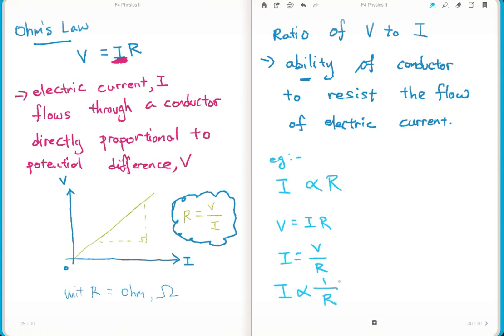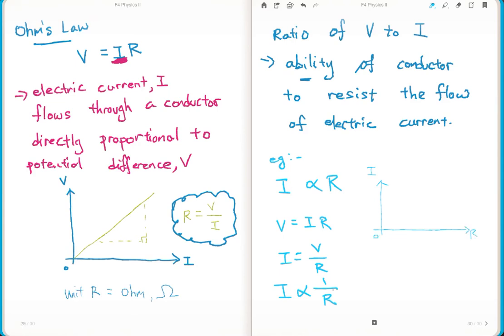Okay, so if you want to plot a curve in one of the experiments at school, there are a few ways of doing it. One way is you plot I versus R, where this is your 0.